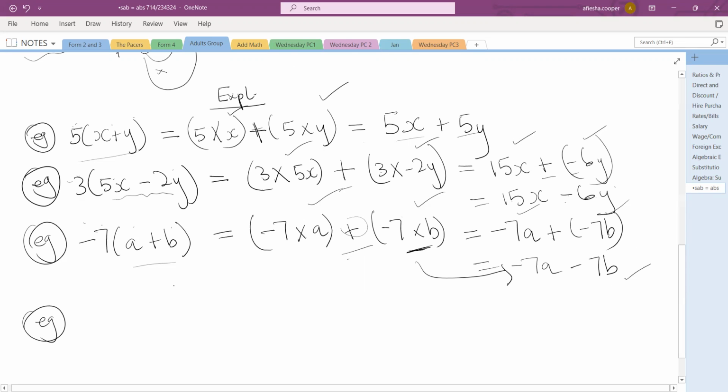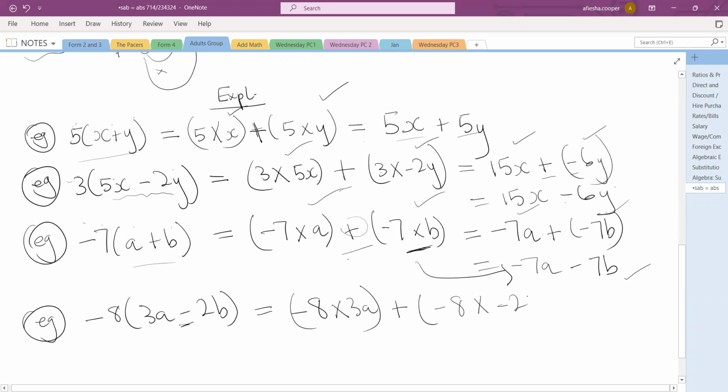Right, so we will continue with another example that says negative 8, open brackets 3A minus 2B. First, distributing term negative 8 multiplied by 3A. And then we always add, don't pay attention to what's here, we're always adding negative 8 multiplied by negative 2B, which will tell us our term is negative 24A.